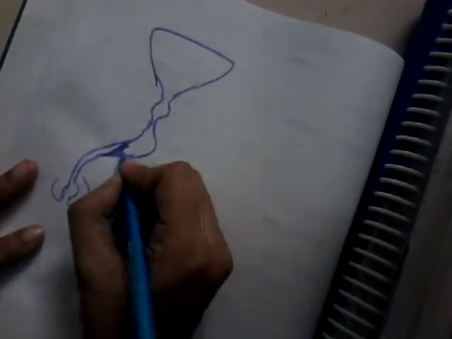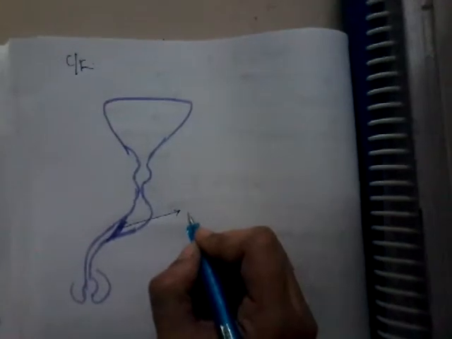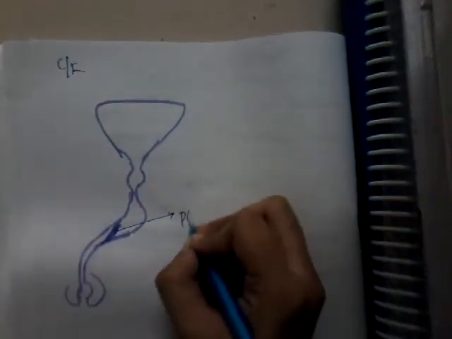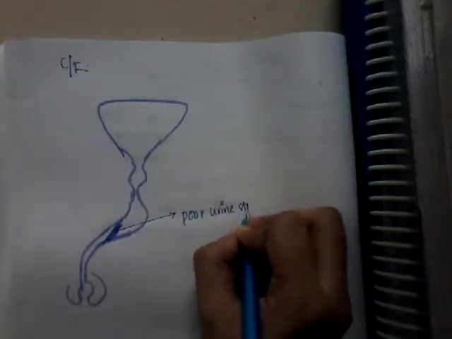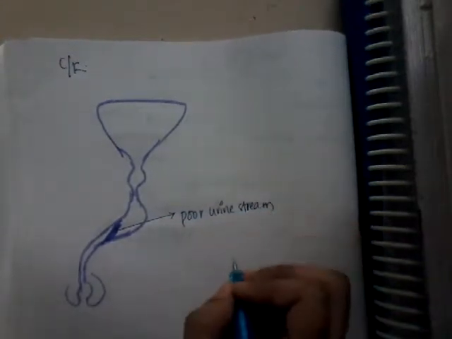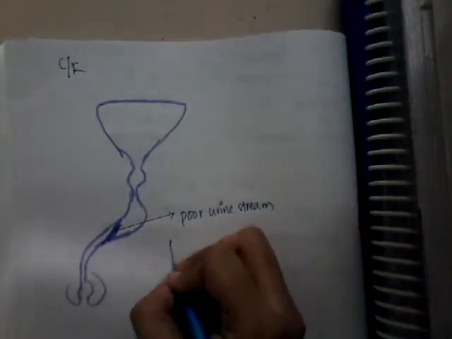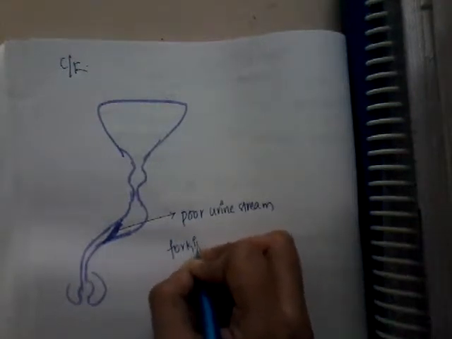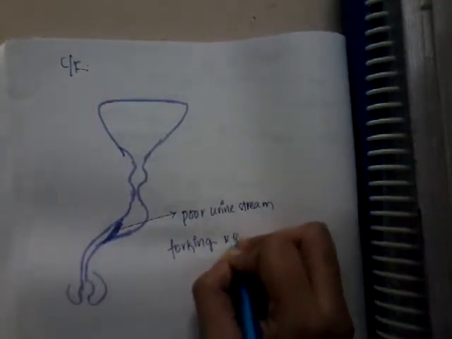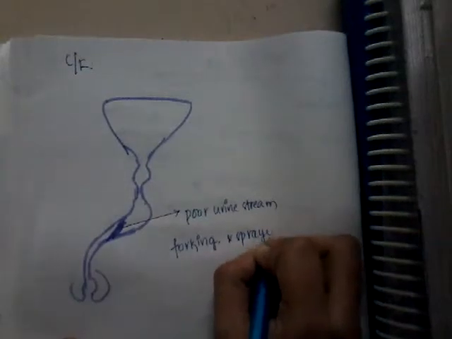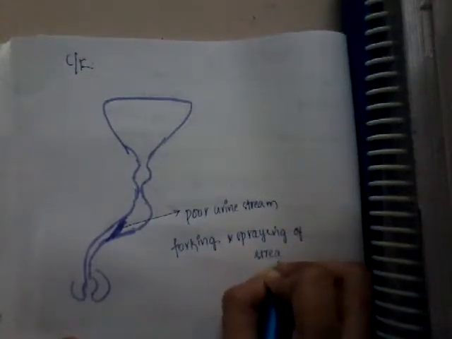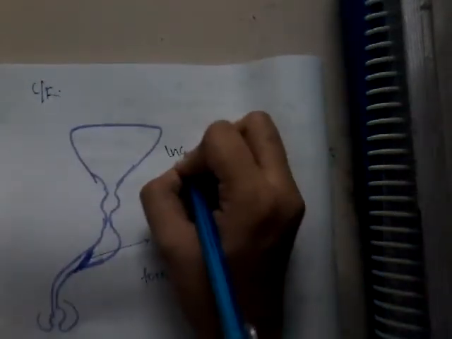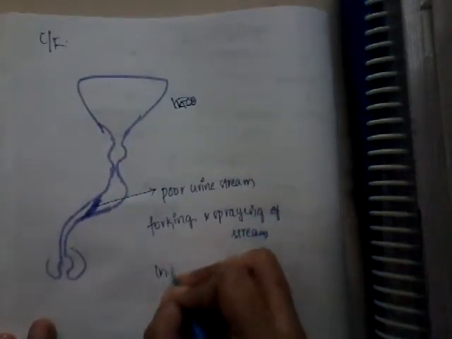Even if the stricture is able to pass urine, there is a poor urine stream. There is forking and spraying of the urine stream. Because of stricture, there is incomplete emptying.